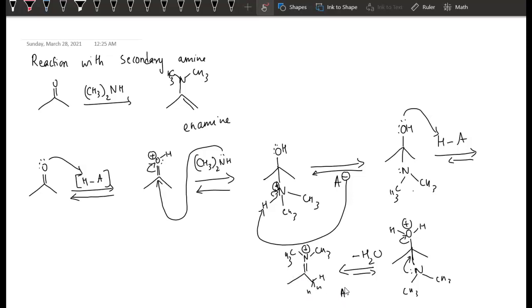So this base A minus is going to take a proton from here and then put these electrons over here and give these electrons back to the nitrogen atom. Okay, so that's how we end up with the double bond between the two carbon atoms, and nitrogen now doesn't have a charge anymore. This structure is what is called our enamine.